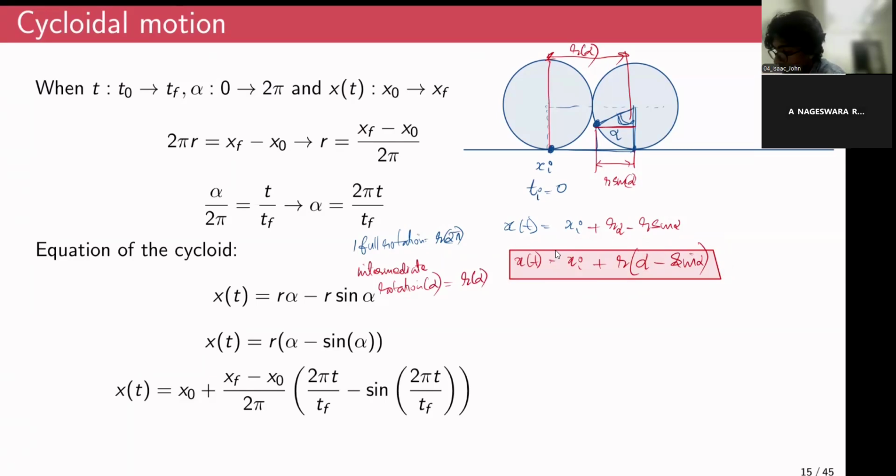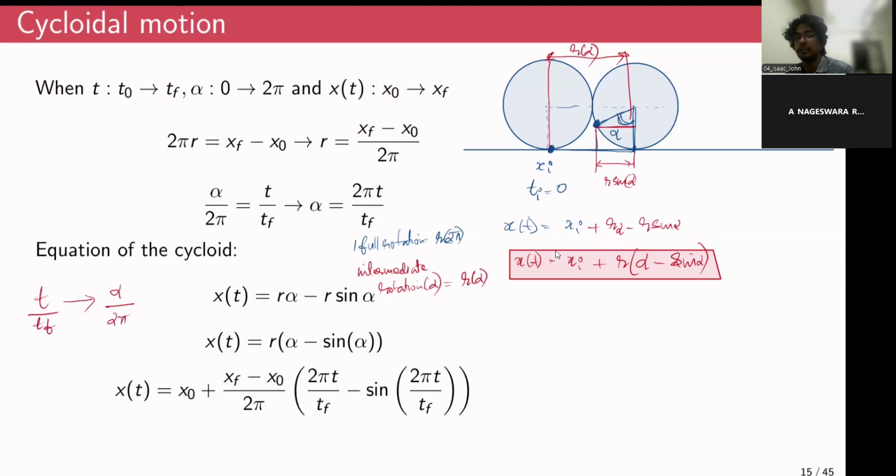So for alpha, for any generic or intermediate time t, the circle rotates by an amount alpha. But for one full revolution, or for 2 pi radians of revolution, that will be your end time tf, right?